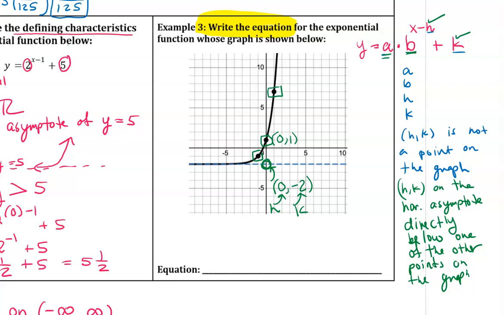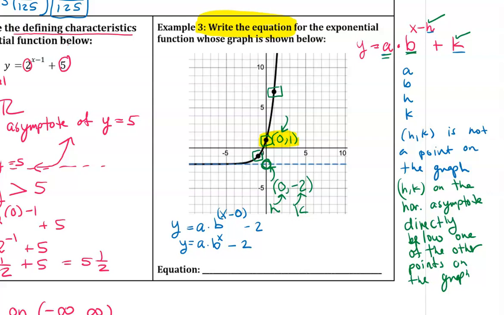So I'm going to start by first plugging in the h and k that I decided. So h is 0, k is -2. I plug those in, and that turns into a times b to the x, minus 2. Now, I'm going to use this point to solve for a. The reason I choose this point is because this is where x is 0. I need x to be 0 to be able to find a, since I don't even know what b is yet.